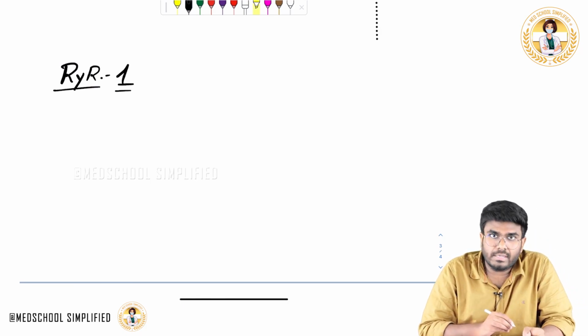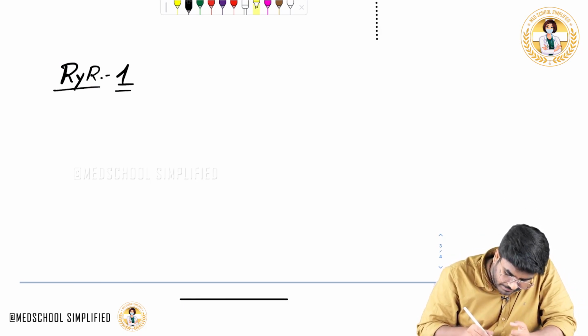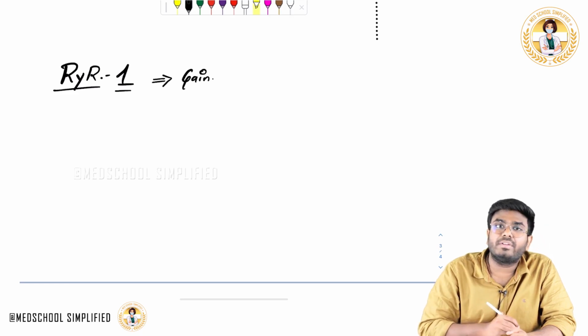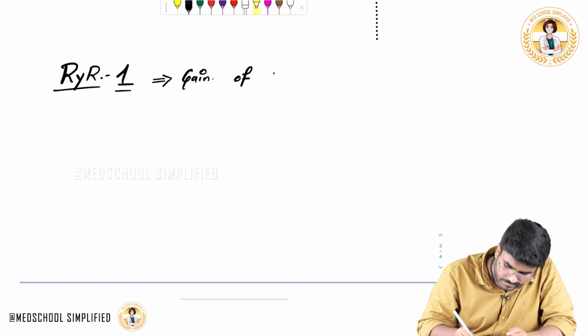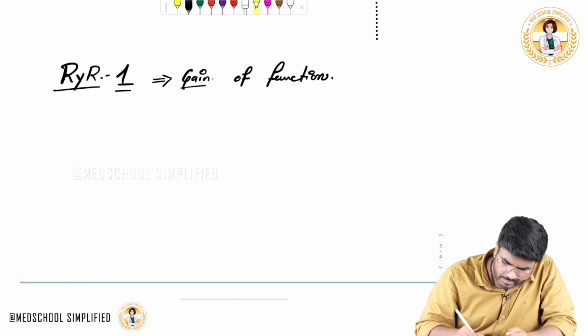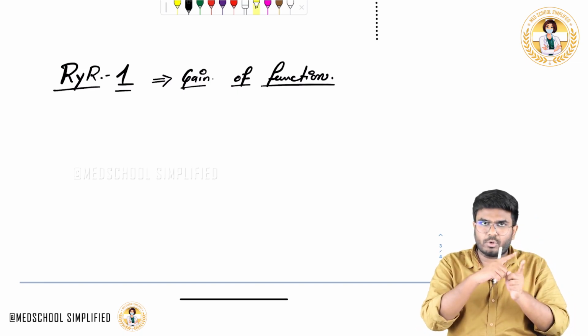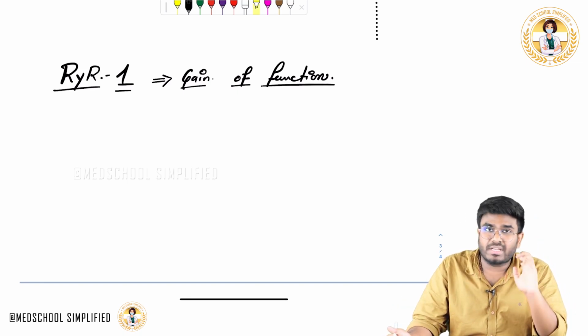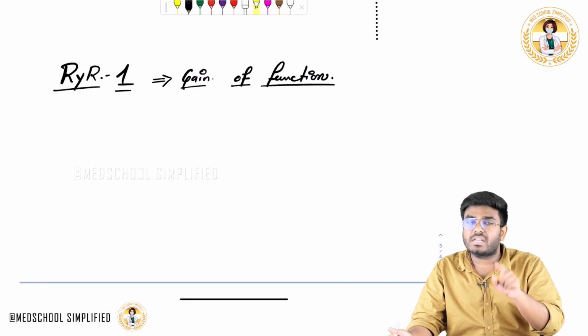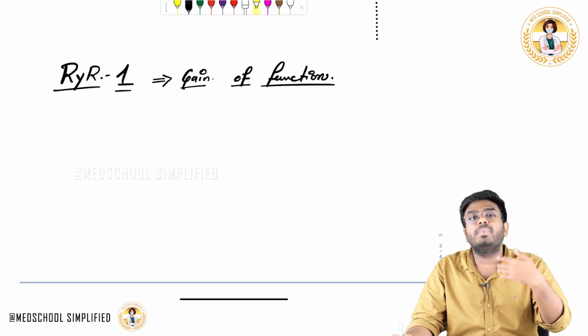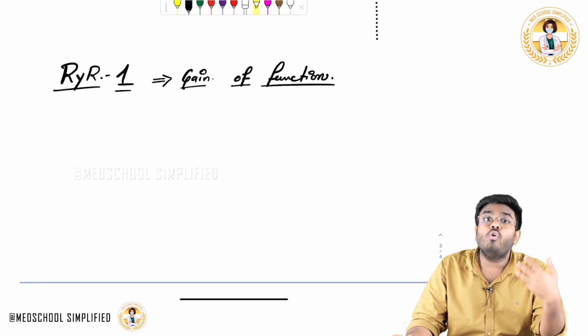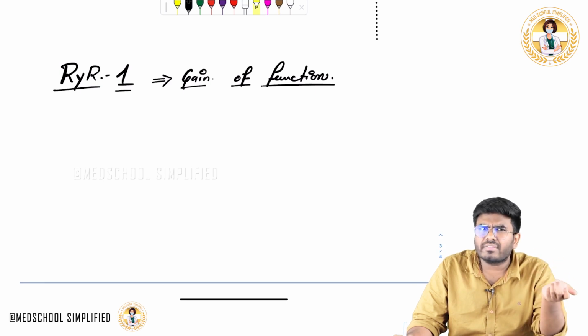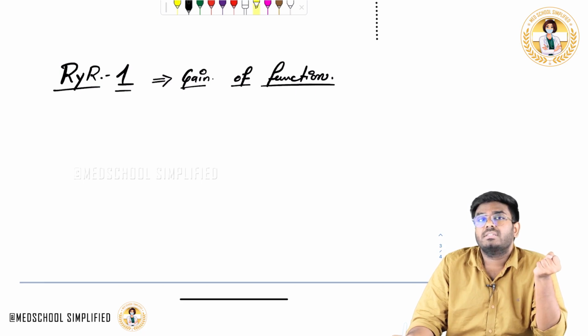If this RYR channel has gain of function, it is overactivating. If it is over functioning, tell me what happens. Normally, whenever there is a depolarization, whenever the DHPR channel is activated, then only the RYR channel should function and release the calcium. But because of certain mutations, if it is over functioning, lots and lots of calcium will be released. So that calcium will cause too much contraction of the muscles.